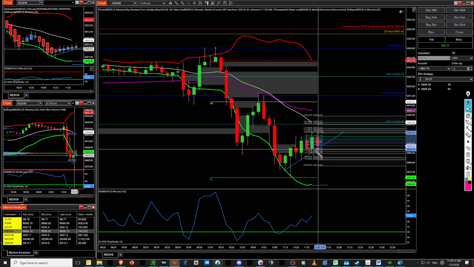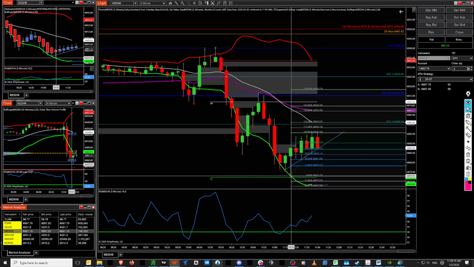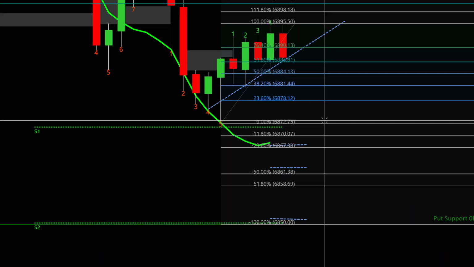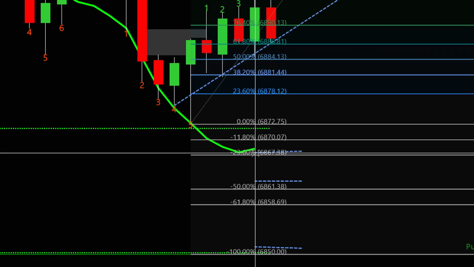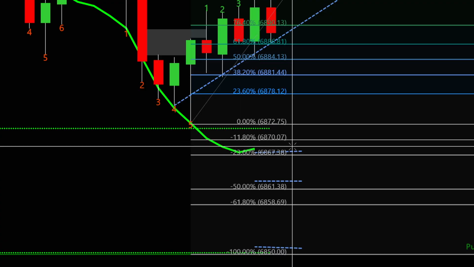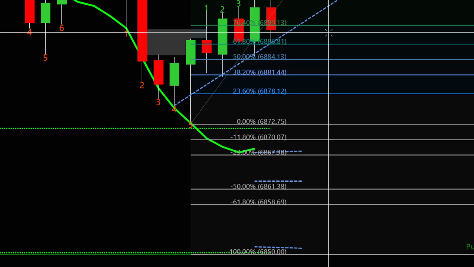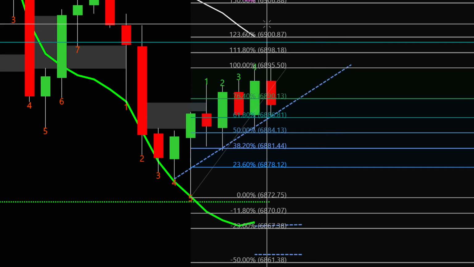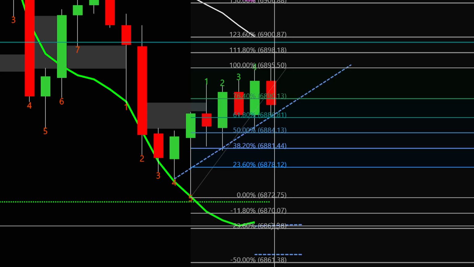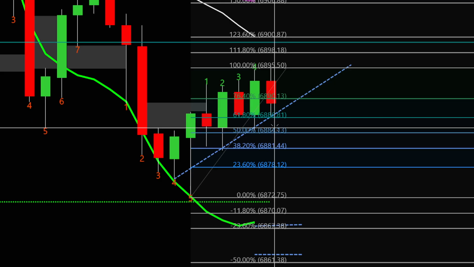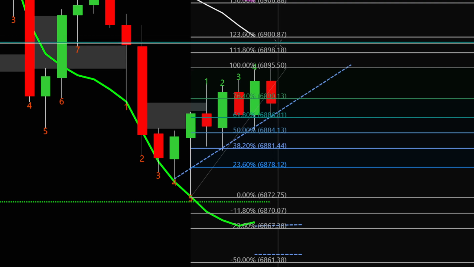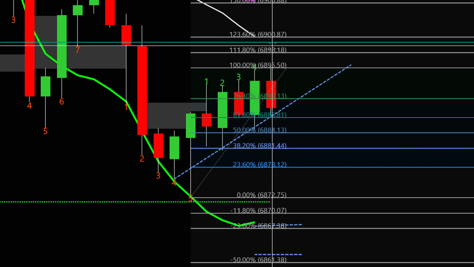Let's say it breaks right now. Well, that ain't much of a move. I mean, we've got some moves and stuff like that, but I've got a much better trade if I get in up here and go down here as opposed to getting in down here. Not to mention the fact I've probably got a better stop up here.